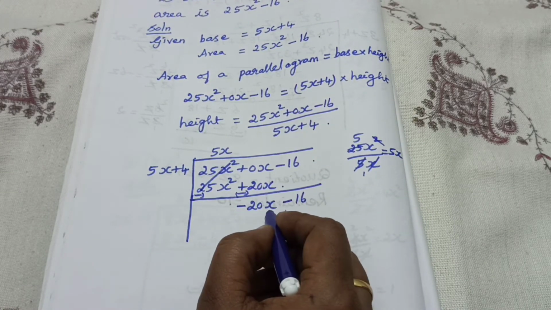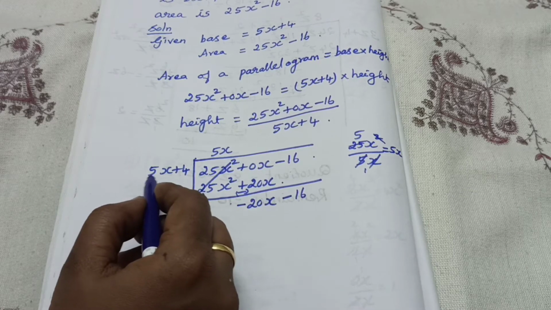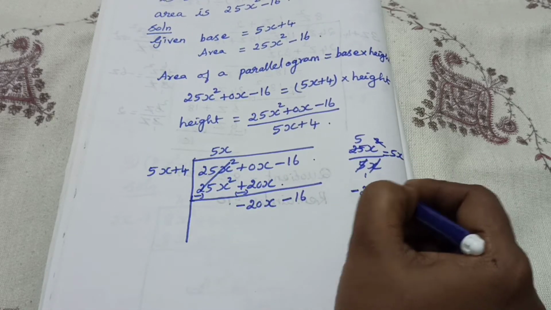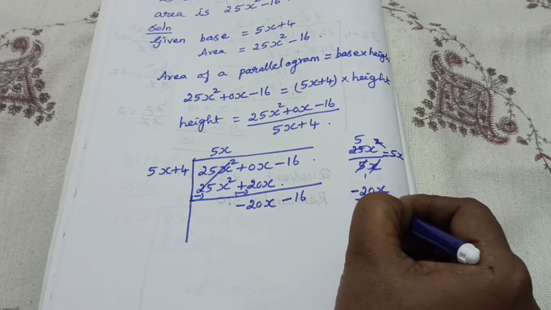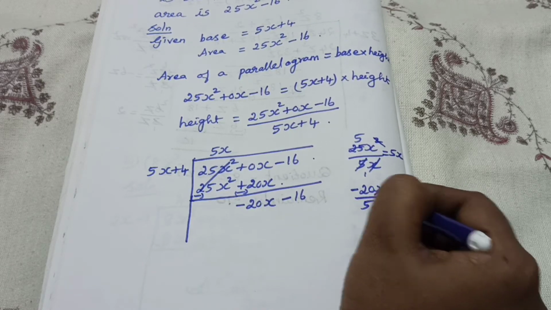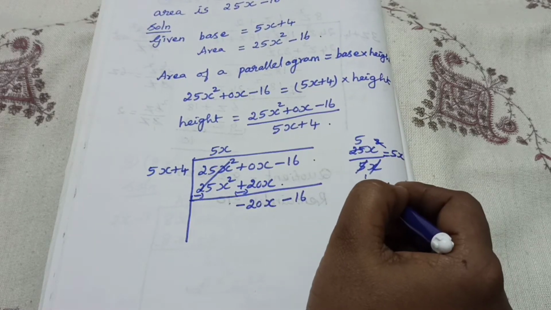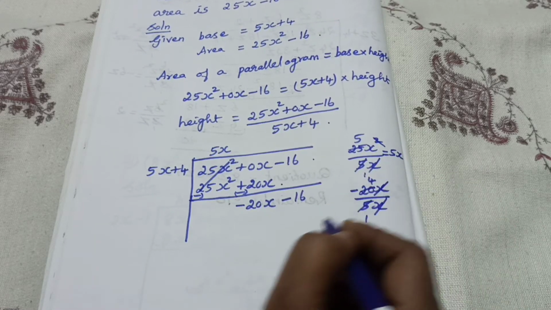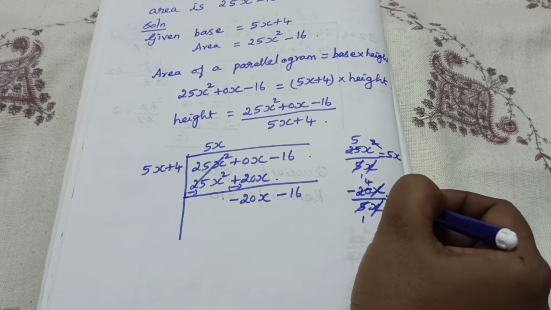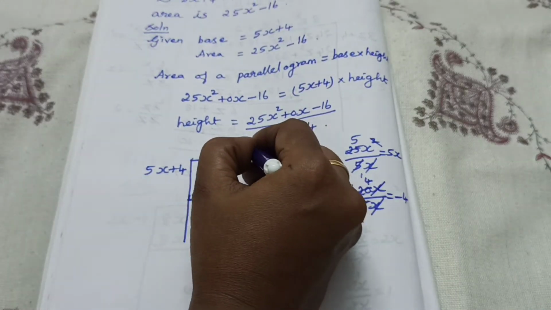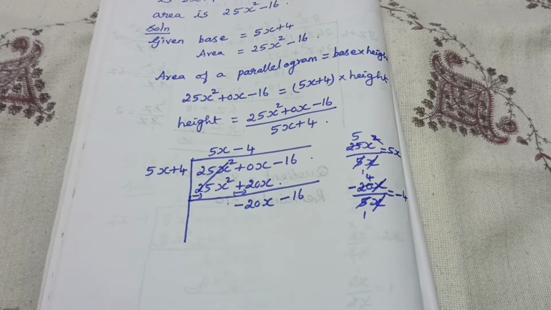Okay. Minus 20x divided by the first term of the divisor. Minus 20x divided by 5x. Shall we cancel this x? x cancels. 1 5 is 5. How many 5s are in 20? 4 times, isn't it? Minus 4. This minus 4 we have to write here. Am I correct?